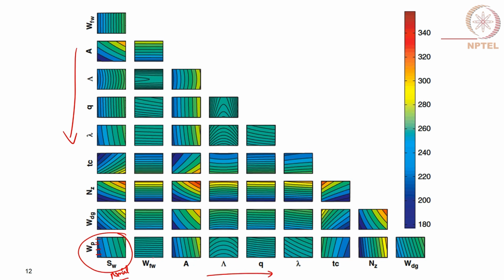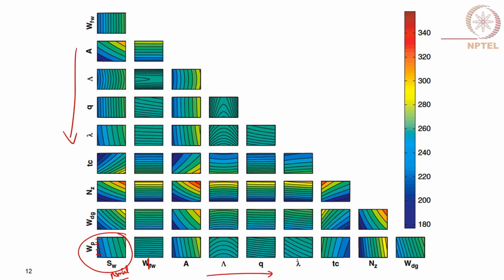So, with respect to the fuel weight, while this is at its nominal value, if I am changing WP, what is the effect that I am getting? You can also look at it the other way around. I am fixing this WF and I am changing WDG, what is the effect that I am getting?